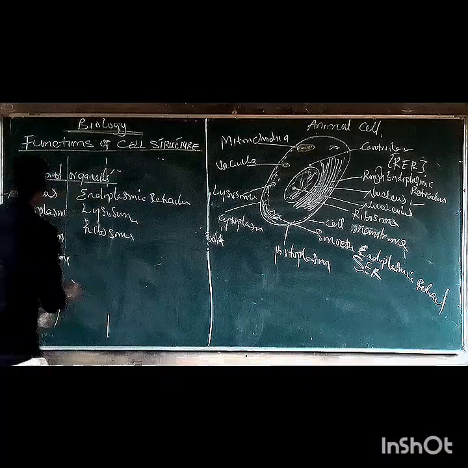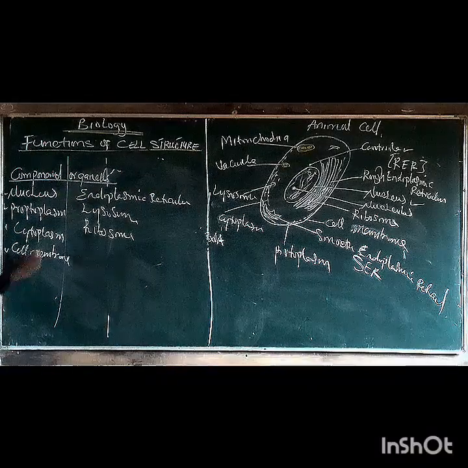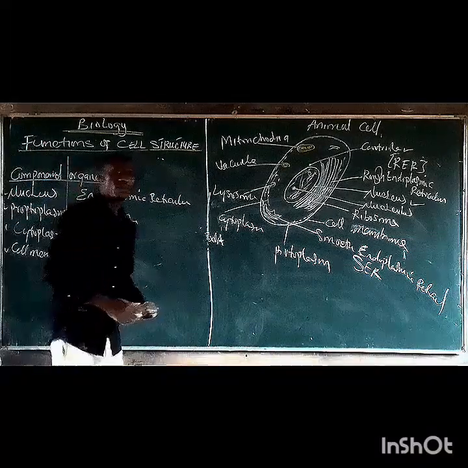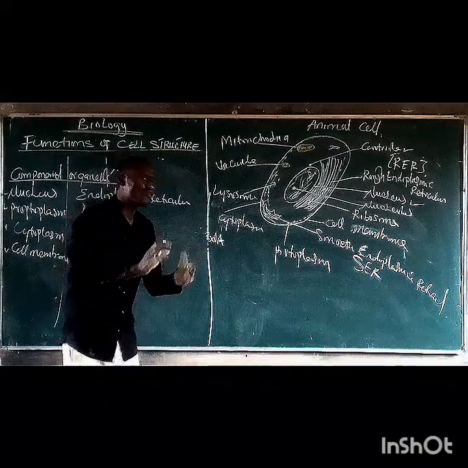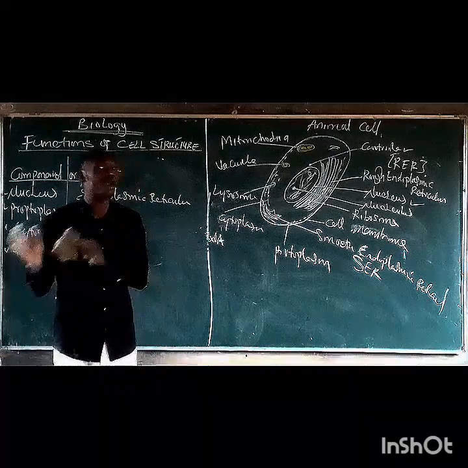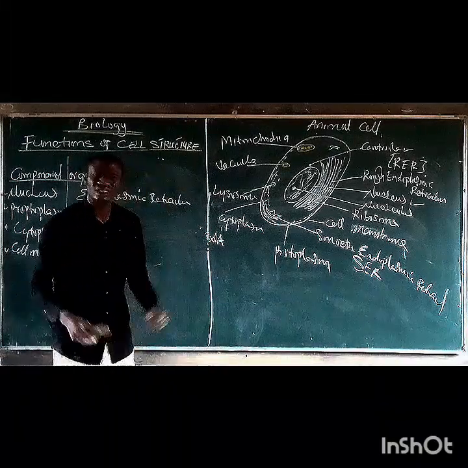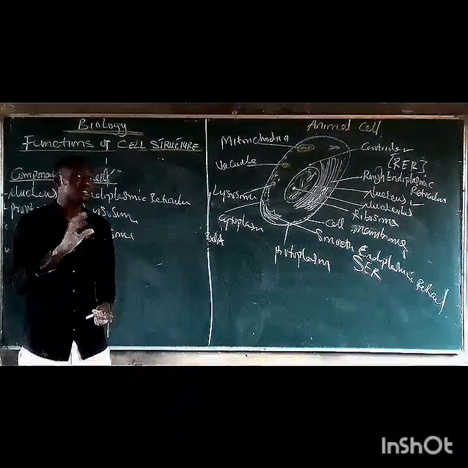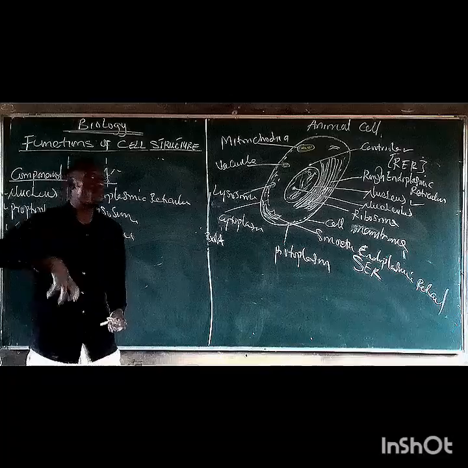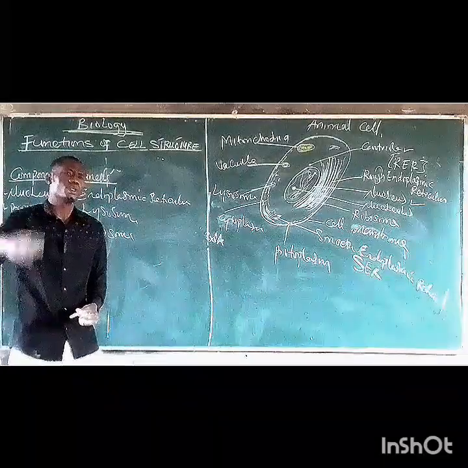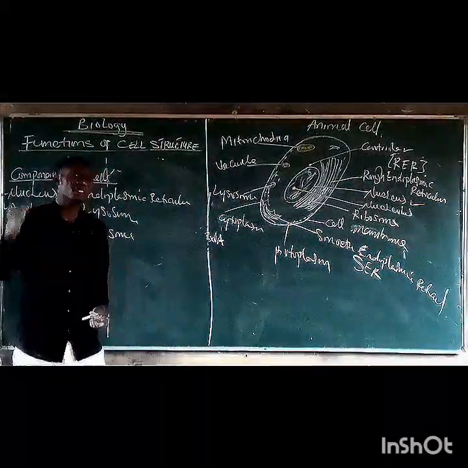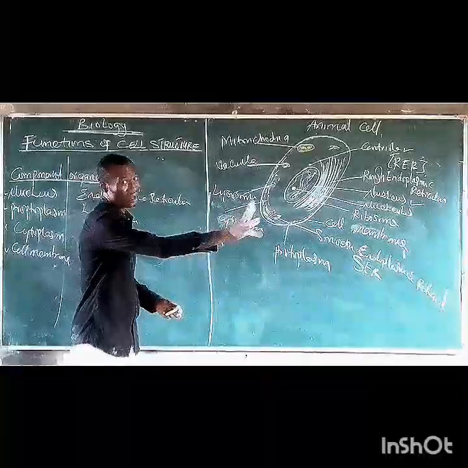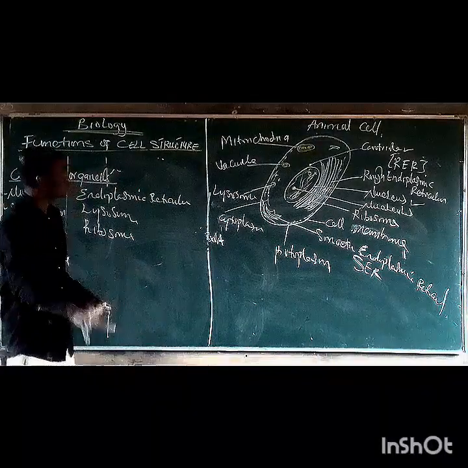But notice that the components are nucleus, protoplasm, cytoplasm, and cell membrane. Don't confuse the organelles with the components. The organelle is not the component, but the component can include the organelles, because the component contains the nucleus, protoplasm, cytoplasm, cell membrane, and other cell organelles. So don't mix up the two.